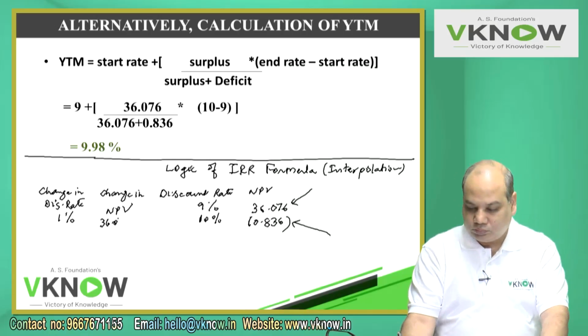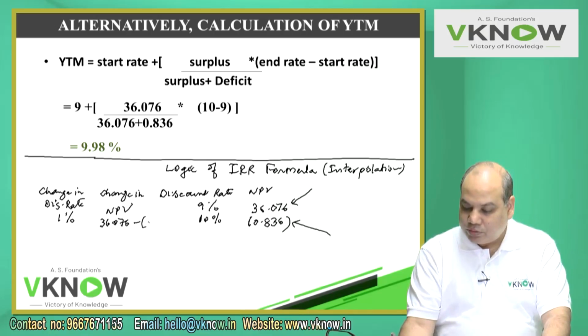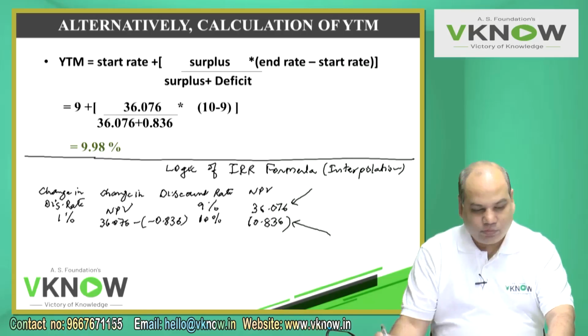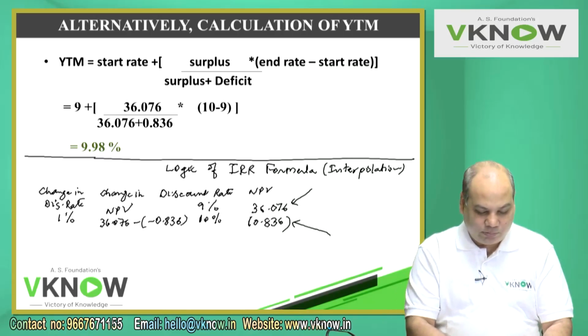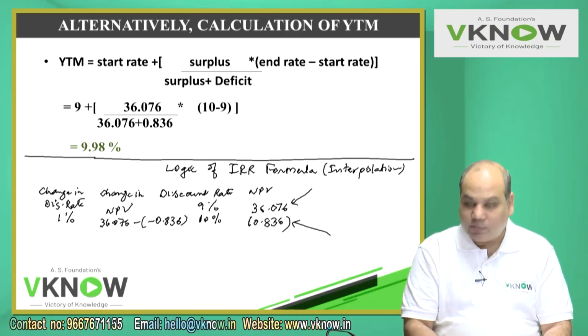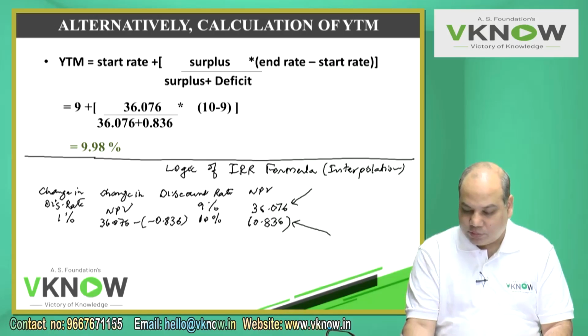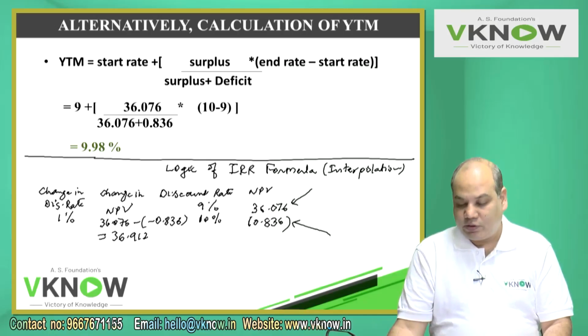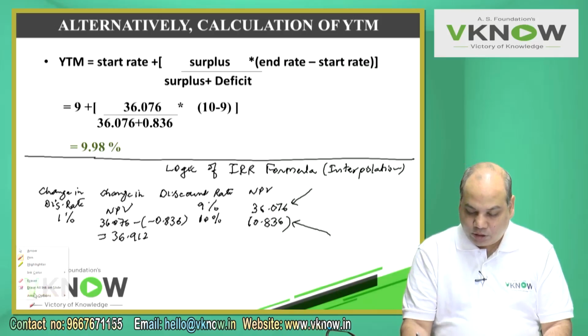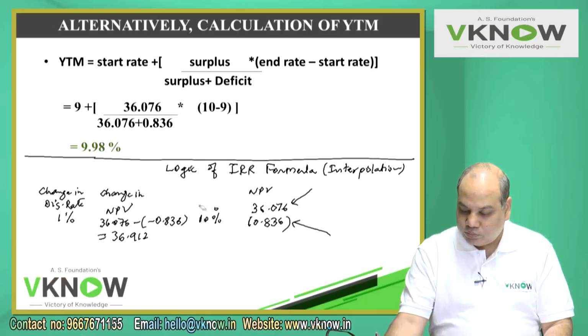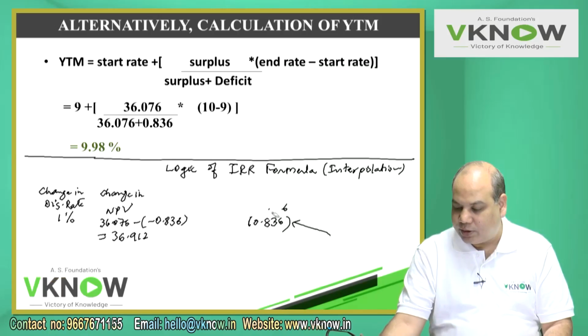So when the discount rate changed by 1%, the NPV changed by 36.076 plus 0.836, that is around 36.912. 1% change in discount rate produces a change of 36.912 in NPV.